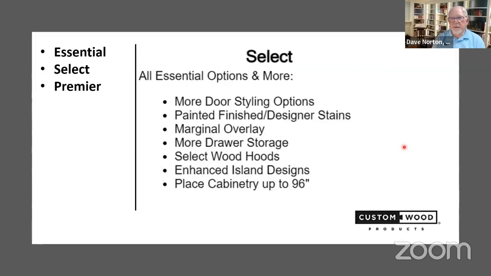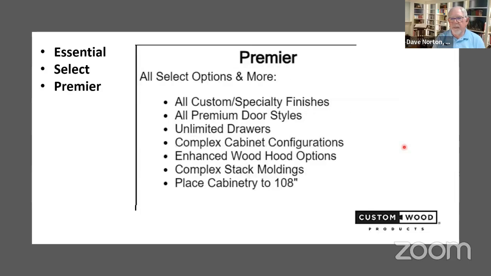Select, which is probably the most common one we see, is going to give you more door styles, the opportunity to do painted finishes, marginal overlay, a more deluxe design, and placing cabinetry up to 96 inches high.